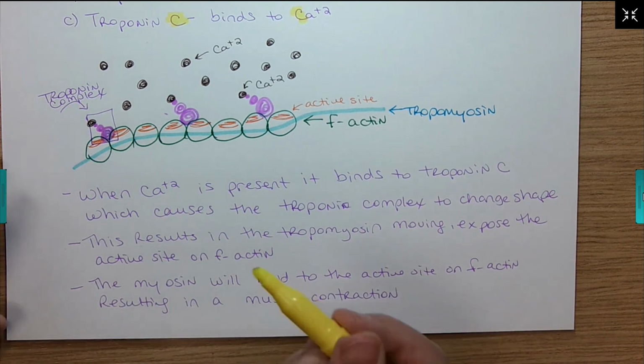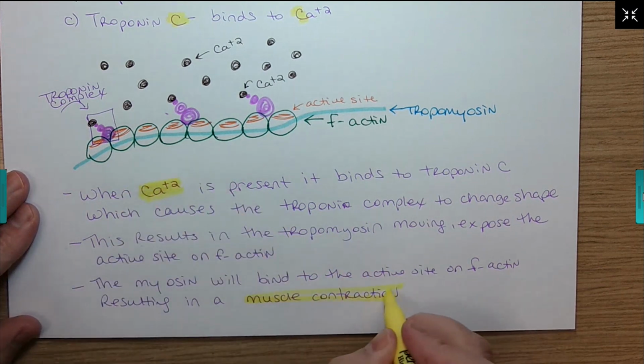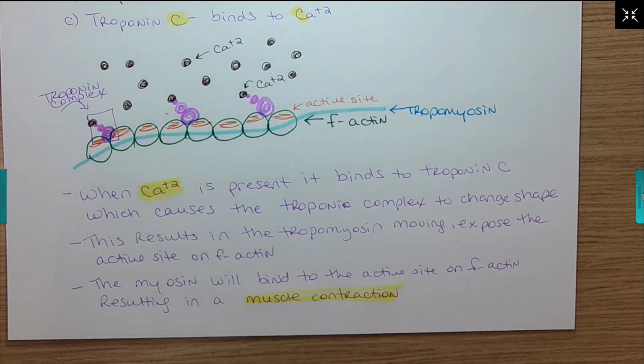So bottom line, calcium is present. You're going to get a muscle contraction out of that. Calcium is the trigger that causes that muscle contraction. No calcium, no muscle contraction.